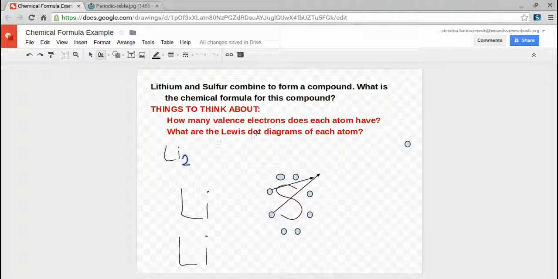And since there's only one sulfur here, sulfur is just by itself. Remember, we've talked about this: since sulfur doesn't have any number, we know there's at least one. So now, understanding Lewis dot diagrams and valence electrons, we just created the chemical formula for when lithium and sulfur combine to form a compound: Li2S.